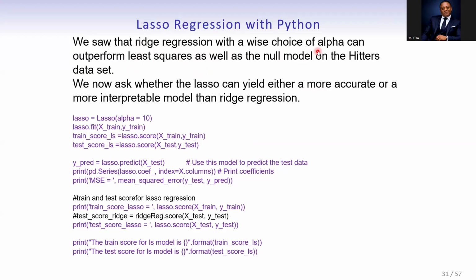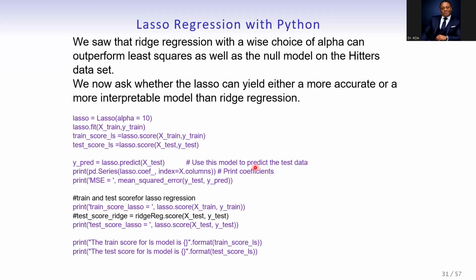In fact, the credit data set I'll let you do by yourself. It can outperform the least squares as well as the null model on the Hitters data. We now ask whether the lasso can give us a more accurate, more interpretable model than the ridge regression.